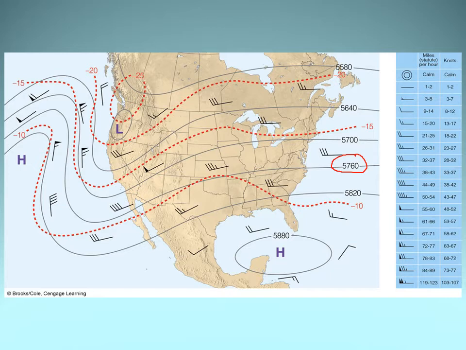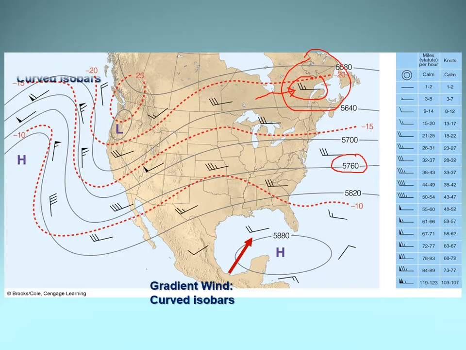But we can still use the same principle where if we have straight isobars or contour lines, we'll get winds that are parallel. By the way, this wind barb means that the wind is coming from the west. So the wind is actually coming from the west and moving east. The gradient wind would be the examples where we have circular contour lines and winds going around it.